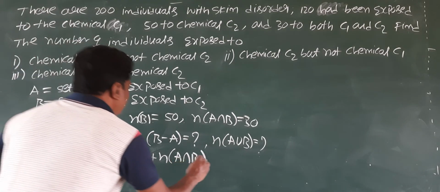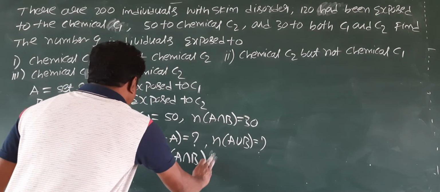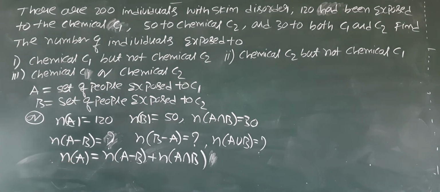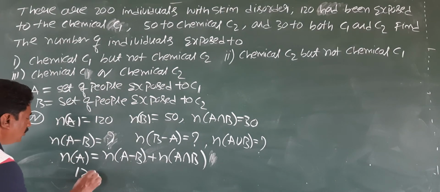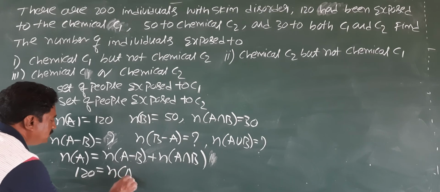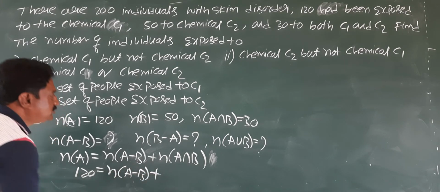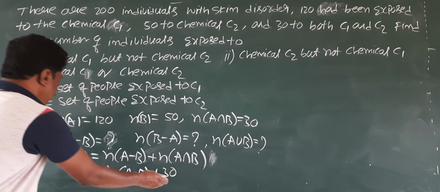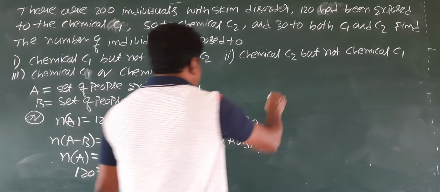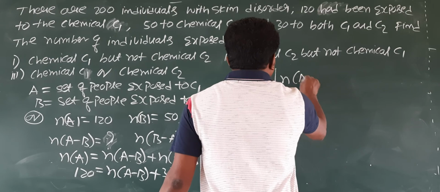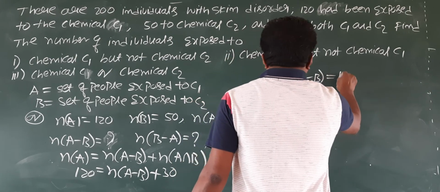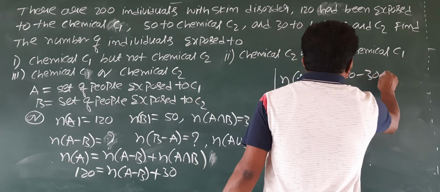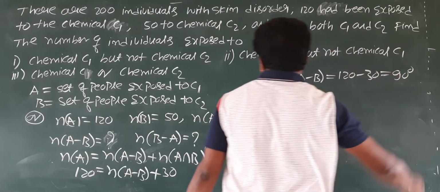So how many elements are there in A? The number of elements in A is 120. The number in A minus B plus the common elements, 30. So 120 minus 30 is 90. So the number of elements in A minus B is equal to 120 minus 30, which is 90.